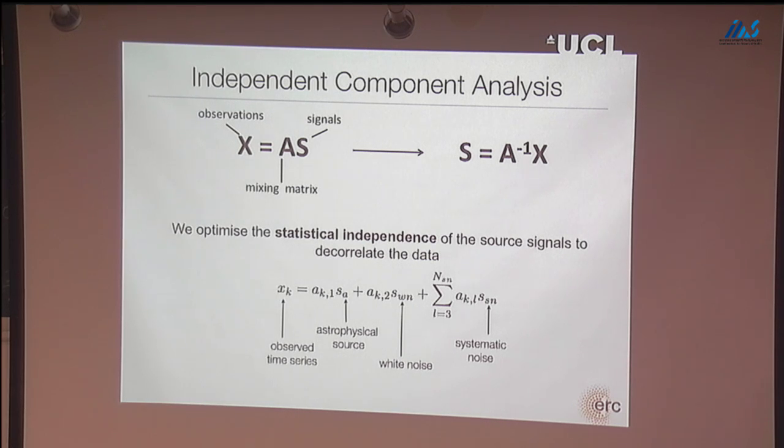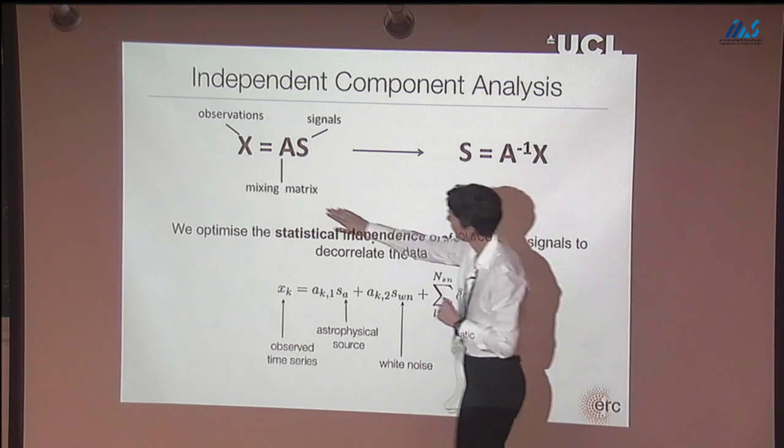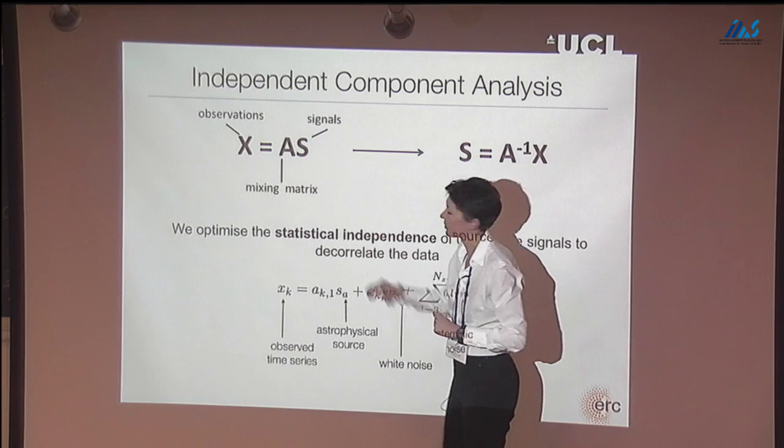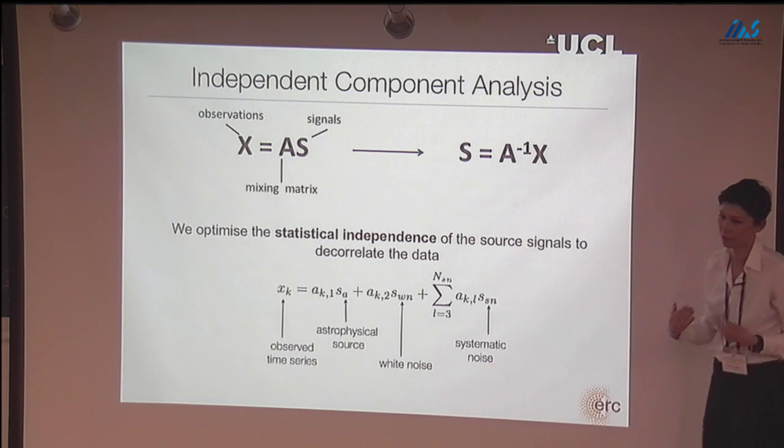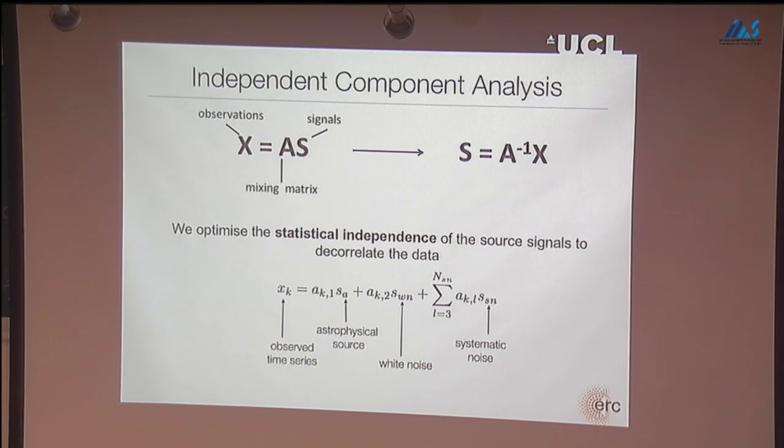Here, basically, what you're trying to do is to separate sources. The observations are, of course, a mix of the signal from the planet, the astrophysical noise, and the systematics, and when you observe that, you don't know how to separate all these sources.